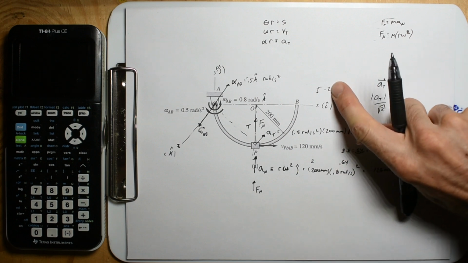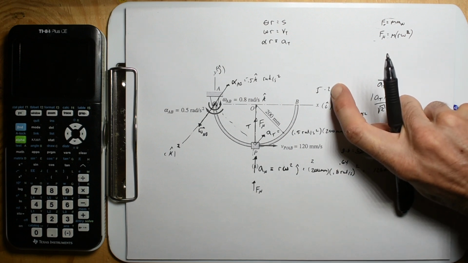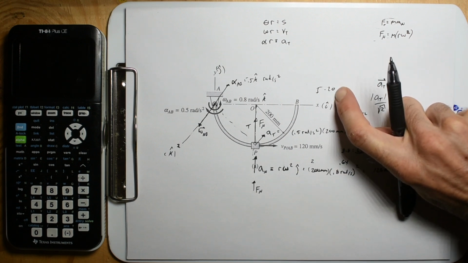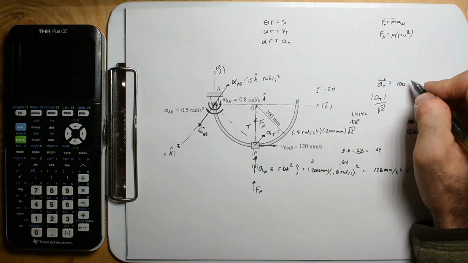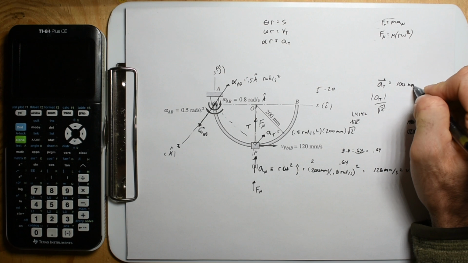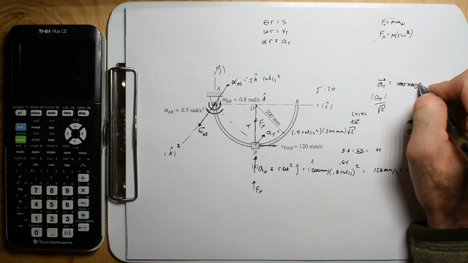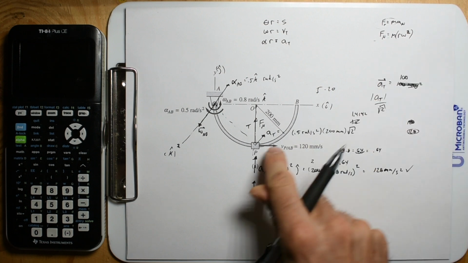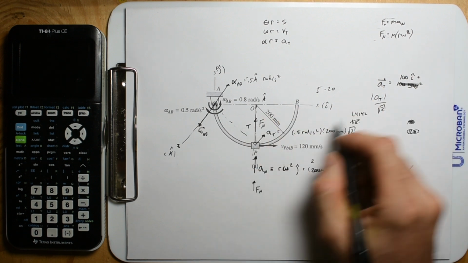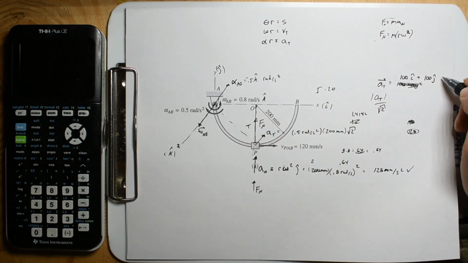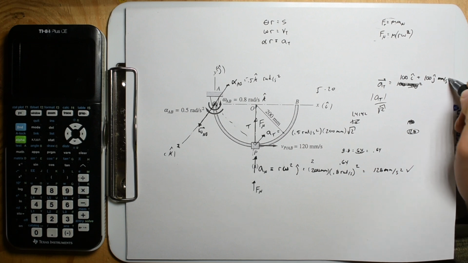I don't know what 5 times 20 is, but I do know what 5 times 10 is. 5 times 2 is 10, so it's going to be 100. So this is going to be 100 in the i hat, plus 100 in the j hat. That's the components of that, in millimeters per second squared.